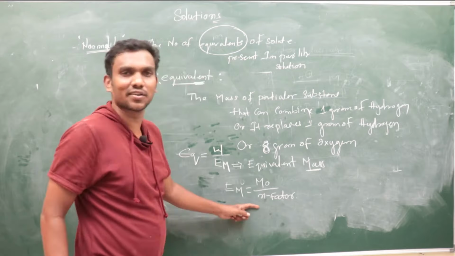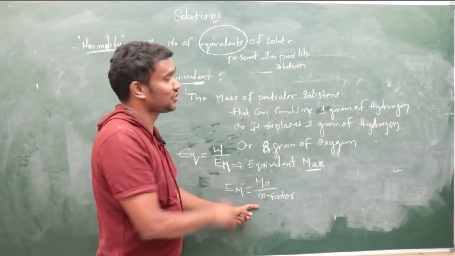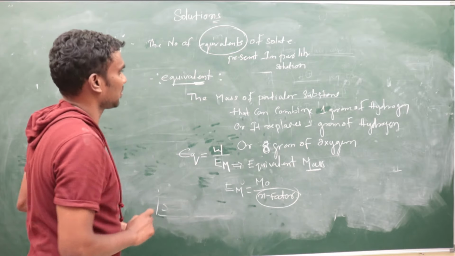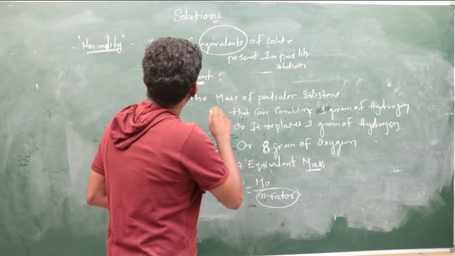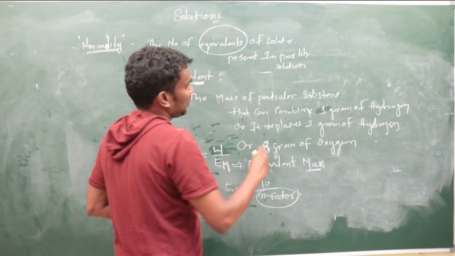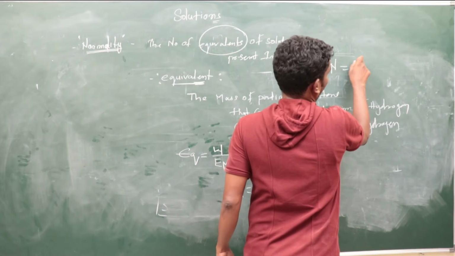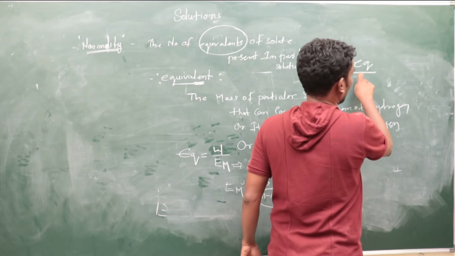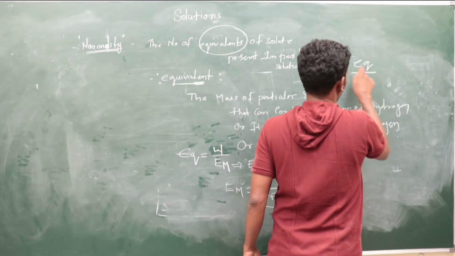This n factor is the big factor in this normality, so be careful. According to the mathematical formula, normality is equal to number of equivalents by volume in liters.